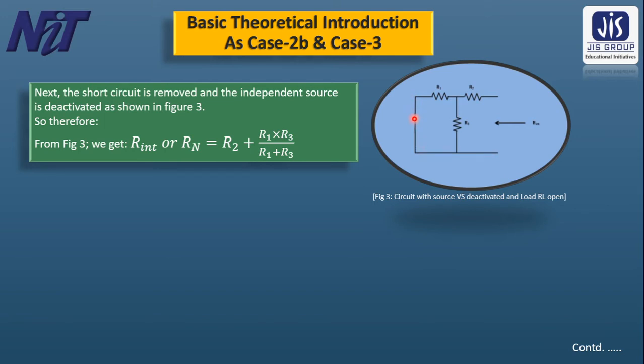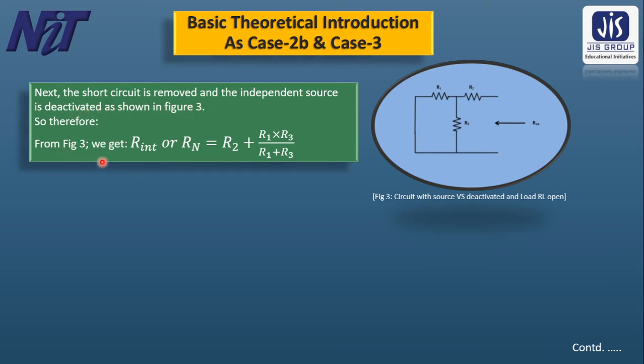Practically it is very negligible, so assume that it is a conductive wire. In this case the short circuit is removed and the independent source is deactivated, as shown in figure 3.